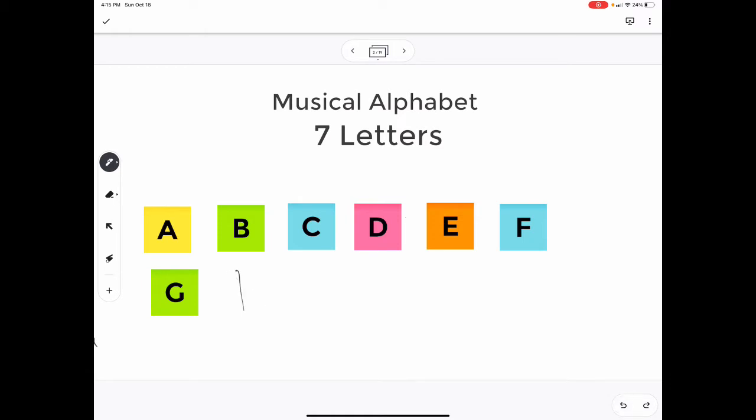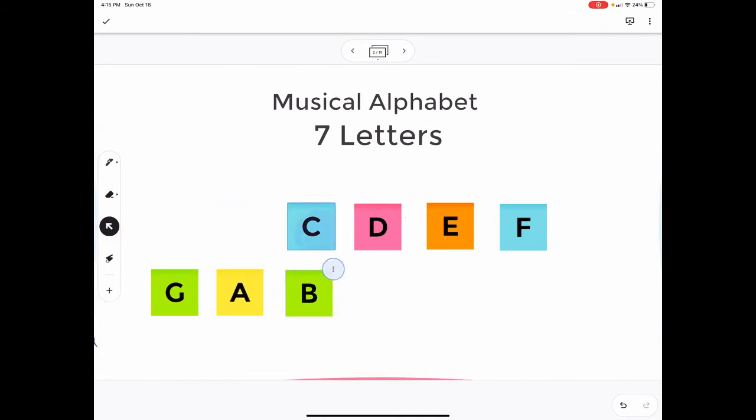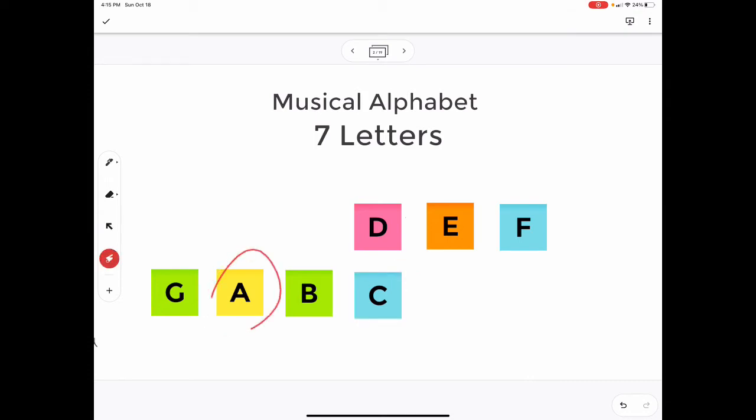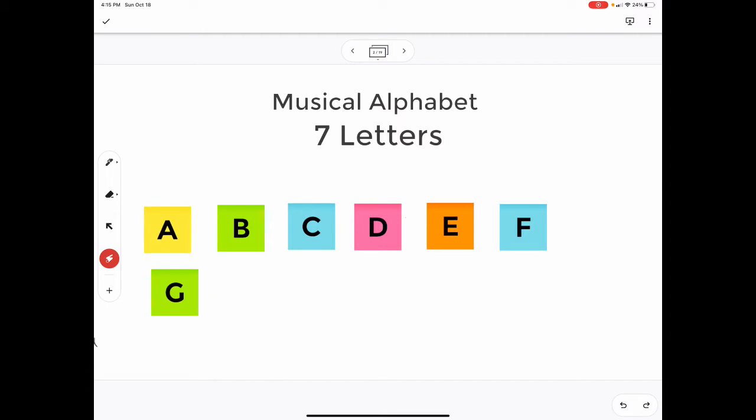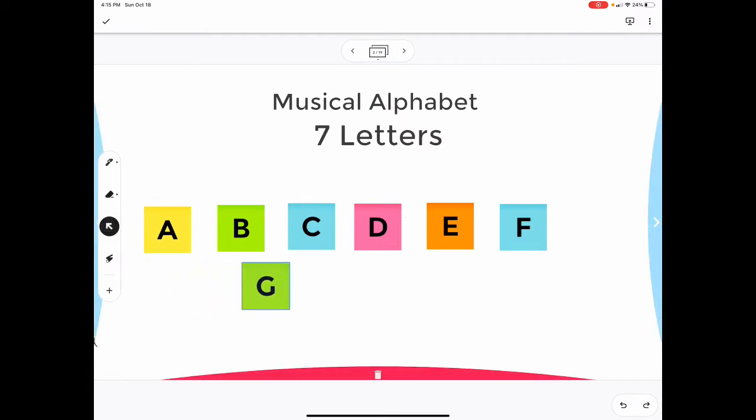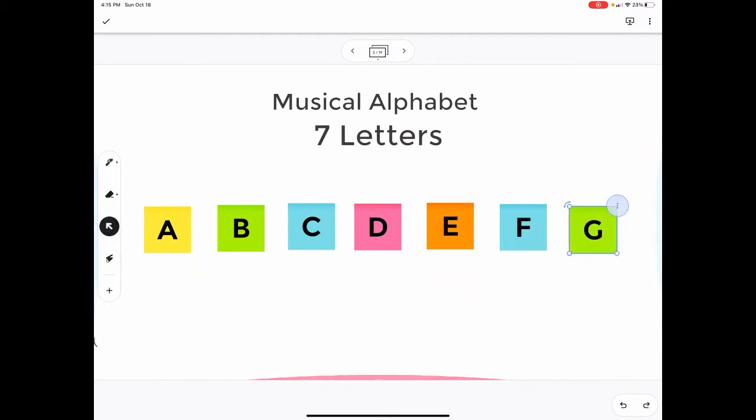So after we come to G, in order to continue on, we would go on to A, B, C, etc. So if we ask what note comes after G, the answer is going to be A. All right, so those are the 7 alphabet letters of the music alphabet. And just remember that the note that comes after G is going to be A.